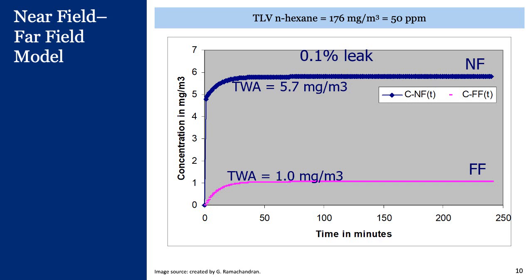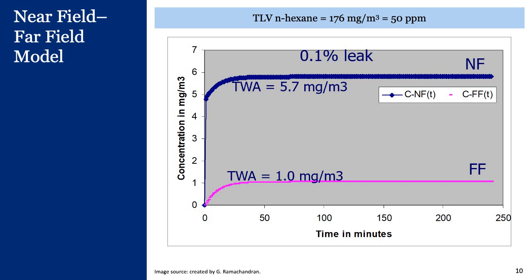Now when we plot the near field model, the concentration of the near field, if we assume a 0.1% leak, is only 5.7 milligrams per cubic meter. So it is still well below the 176 milligrams per cubic meter.